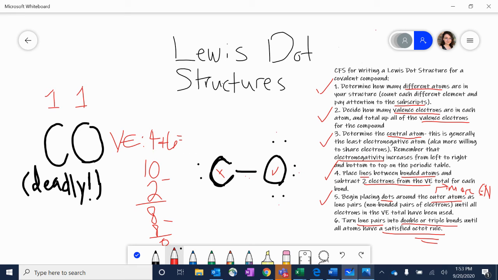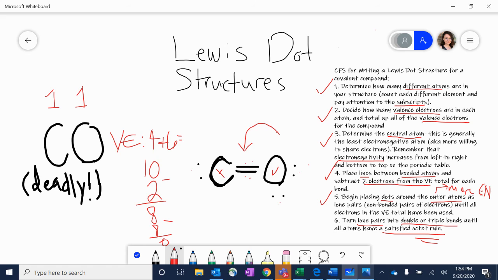So let's turn some of these lone pairs that greedy old oxygen is hogging and make them shared electrons in a bond. All right, and recount. So oxygen has 2, 4 coming from the bonds, 6, 8, it's still happy. Is carbon happy? It has 2 from one bond, 2 from another bond, and 2 from the lone pair.